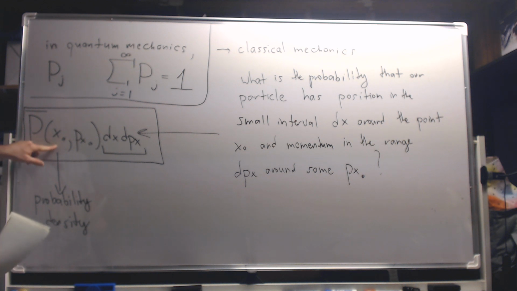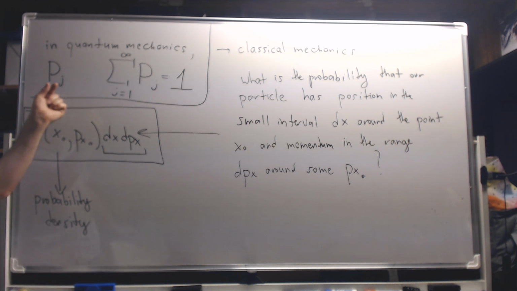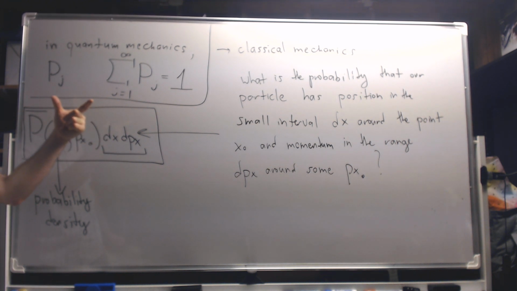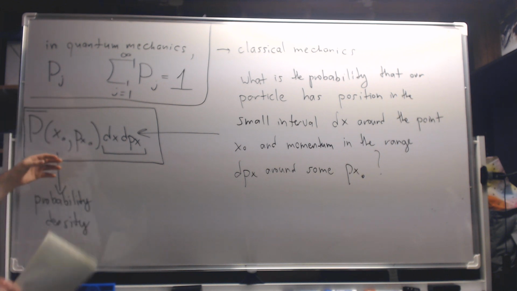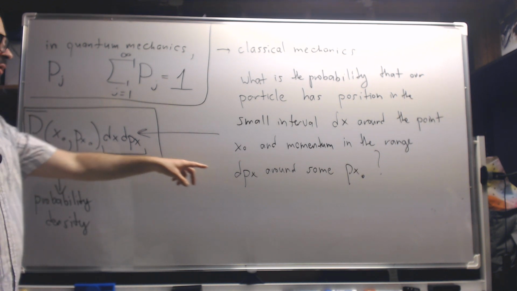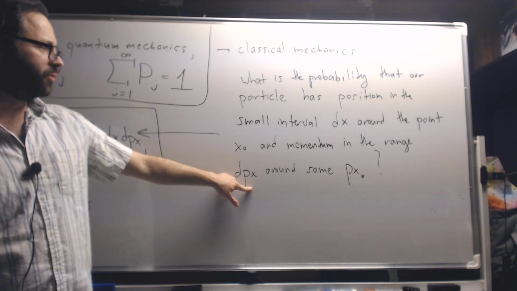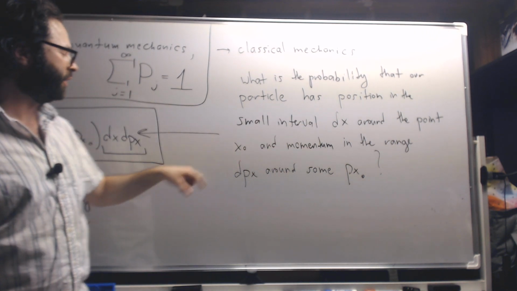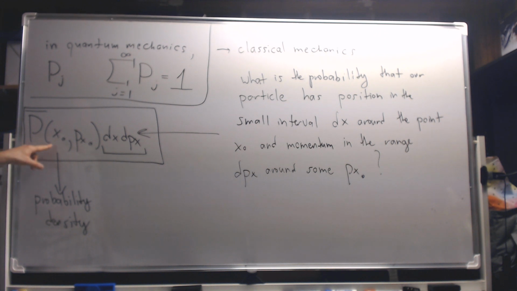So if you know this number, the probability density, you then multiply that by the value of the increment, the length of the actual increment, and the product of the two gives you the probability that your px is somewhere in this range and x is somewhere in that range, around the point x naught. And so this is the probability density, whereas the whole product is the probability that answers that question.